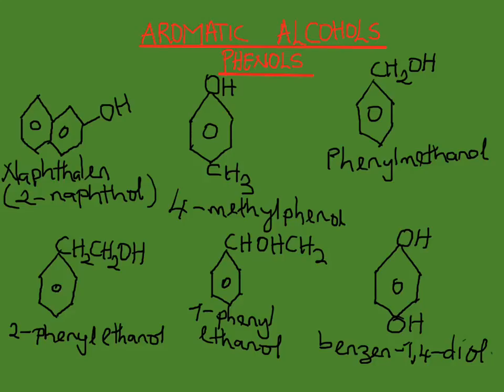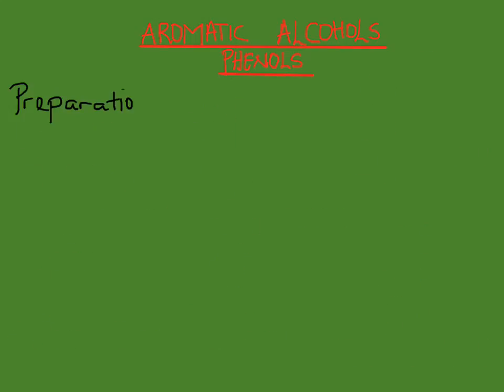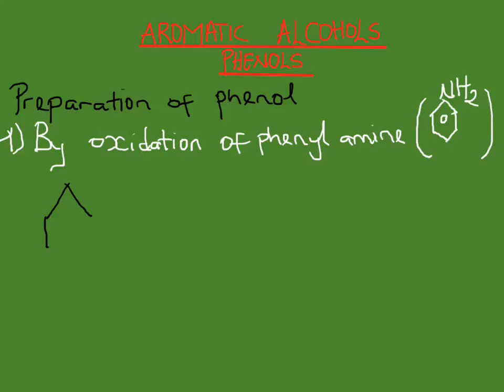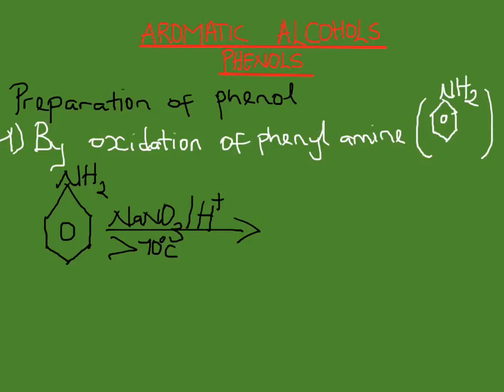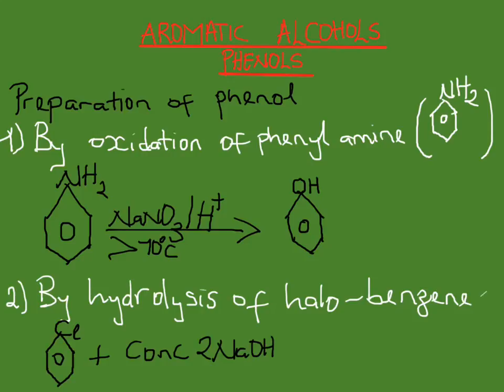Now we'll be looking at the preparation of phenol. The first method by which we can obtain phenol here is by oxidation of phenylamine. Phenylamine, treated with sodium nitrite and hydrogen ion, that is in an acid medium at less than 10 degrees Celsius, is going to give us phenol.